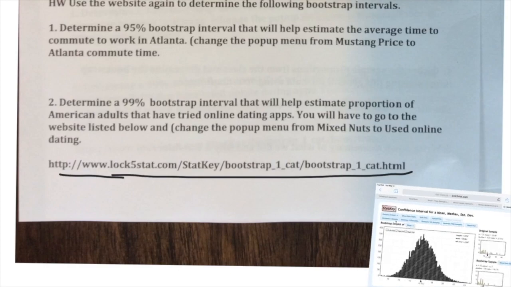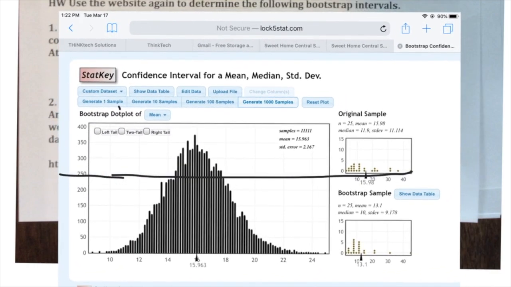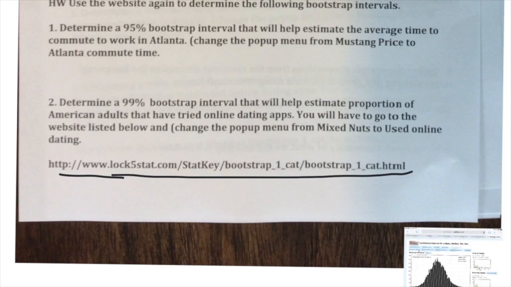So this is for you to explore it yourself, but when you switch to the website, it'll say something about mixed nuts here, and you're going to change that to the online dating information, and you're going to, again, generate thousands of samples, create those 2 numbers there, and complete the confidence intervals relying on the website. It does seem like cheating, but this is how statistics can be done since computers are available to us. So good luck on completing those 2 questions, and we'll be in touch.